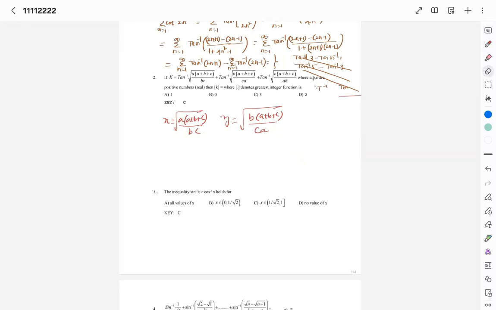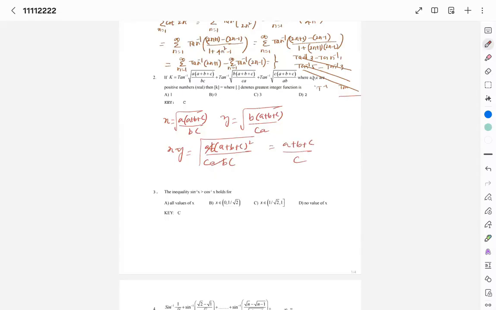If I take xy, a into a plus b plus c whole square, ab by ca into bc, ab get cancelled.